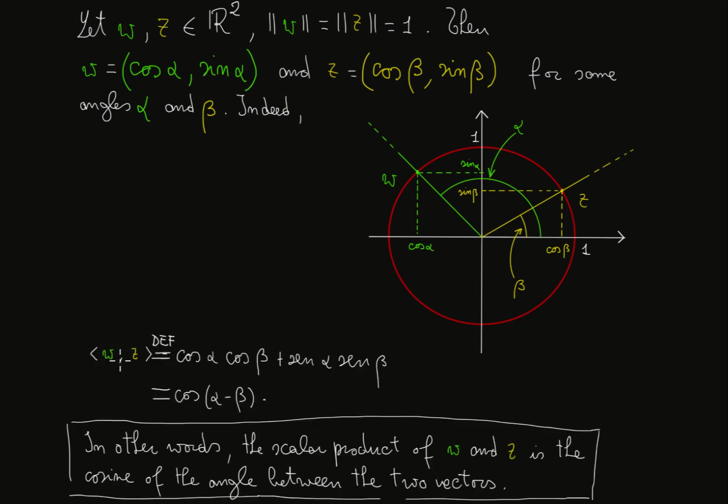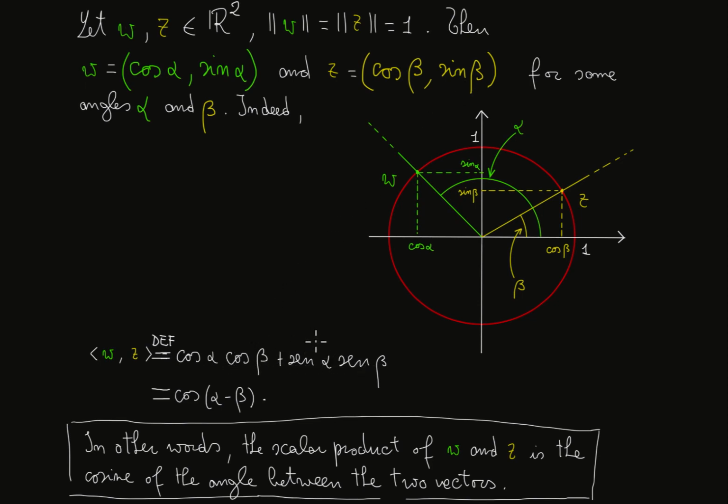By definition of scalar product, the scalar product of W and Z is going to be what? The first coordinate of W times the first coordinate of Z, so cosine of alpha times cosine of beta, plus the second coordinate of W times the second coordinate of Z. So we get this expression.